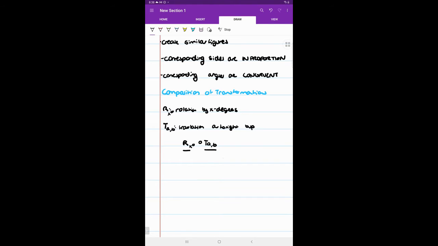So basically, I have some (x, y). The first thing I do is translate it by AB. So (x, y) goes to (x plus A, y plus B). Then once I have these translated points, and a figure is just made up of a bunch of points, if I do this to all the points in the figure, then I rotate it by X degrees.